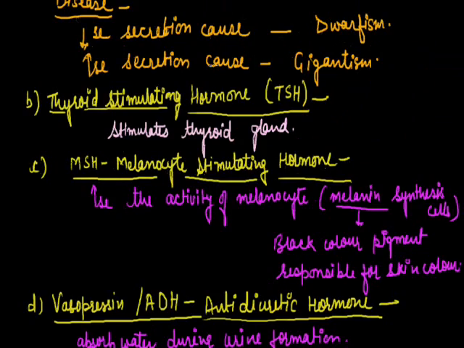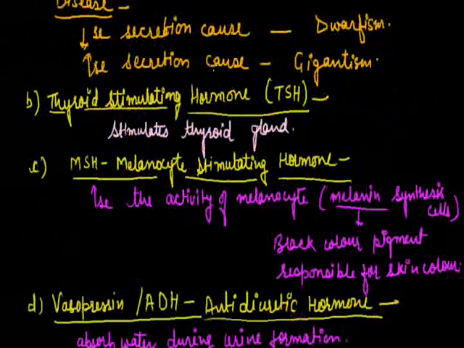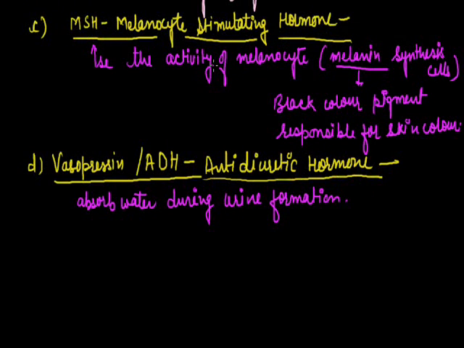So basically these are four main important hormones released by the pituitary, and they have their own specific features and diseases related with them, as we have seen with dwarfism and gigantism.